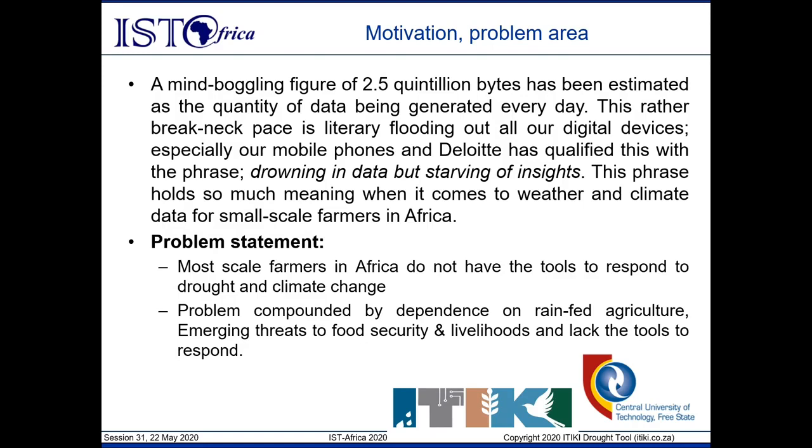And the second problem is that more than 80% of these small-scale farmers rely on rain-fed agriculture. And rain can be very unreliable. When it fails, these small-scale farmers are left with nothing. And in most cases, they are not able to tell beforehand if it will rain or not.